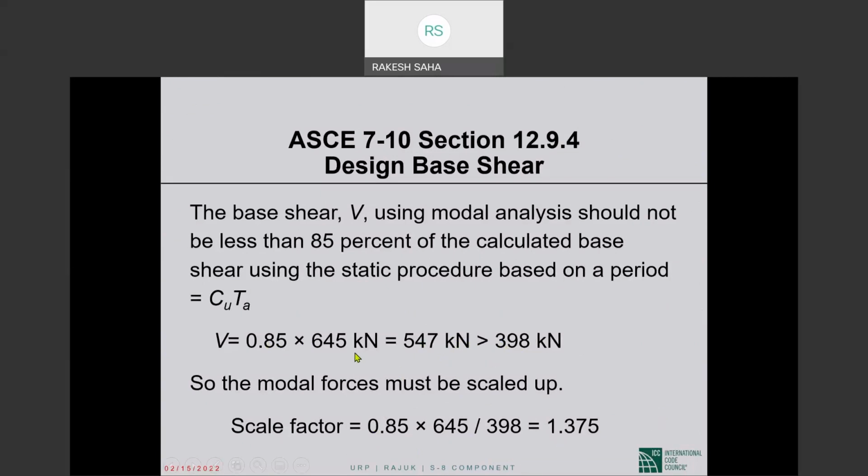Okay, so once again, the dynamic base shear of 398 is smaller than 85% of static, which is 547. So the modal base shears that we calculated have to be scaled up by the ratio between 547 and 398, which is 1.375.